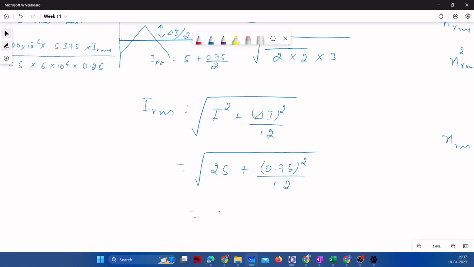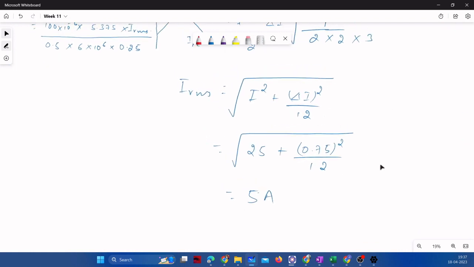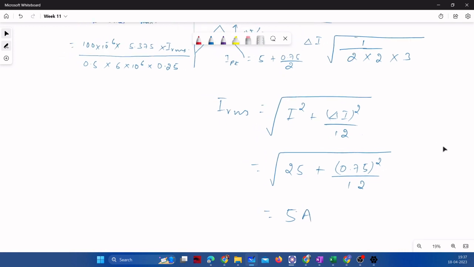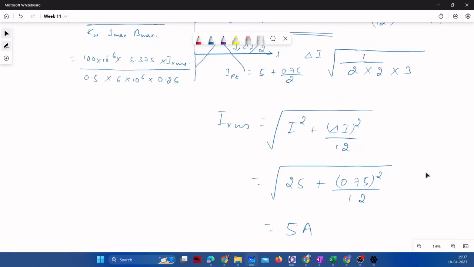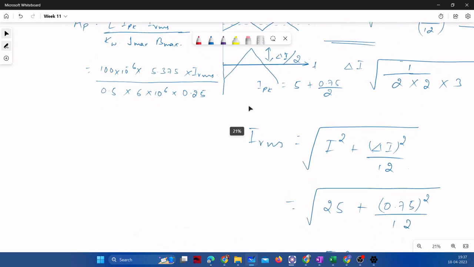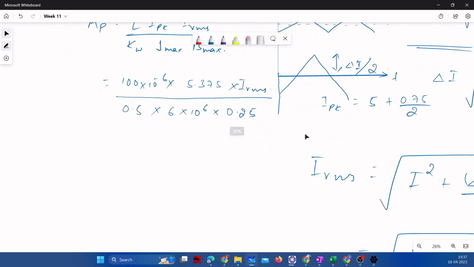So it will be approximately 5 ampere. If the ripple is less, then RMS will be approximately equal to the average.